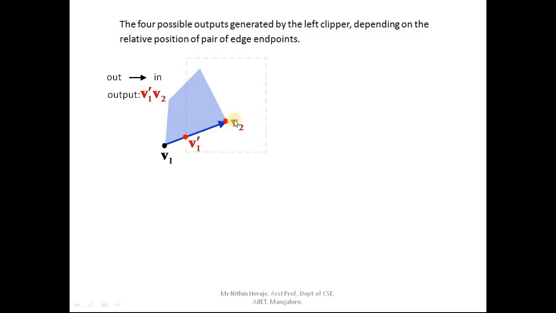You have to list both the points V1 dash and V2. Okay, this is one case, that is the out to in case. Next is the in to in case, so V1 to V2, and you should send the output as V2. Okay, so both are inside and output should be the second point.